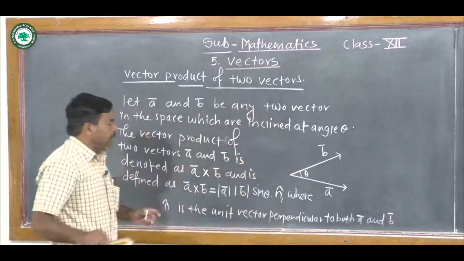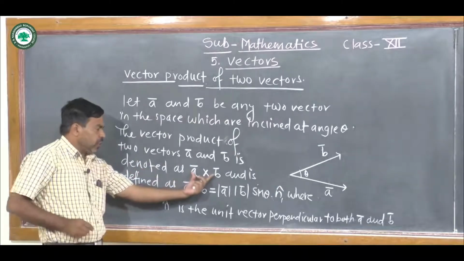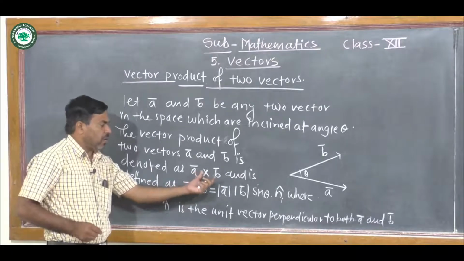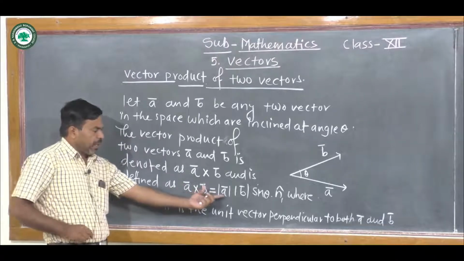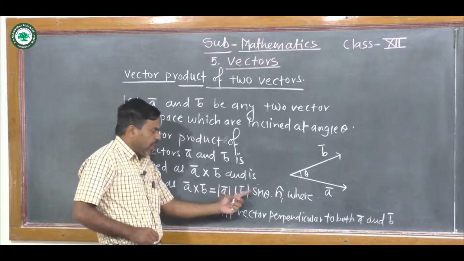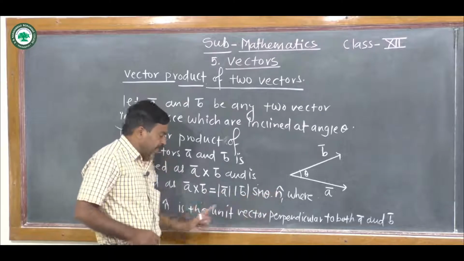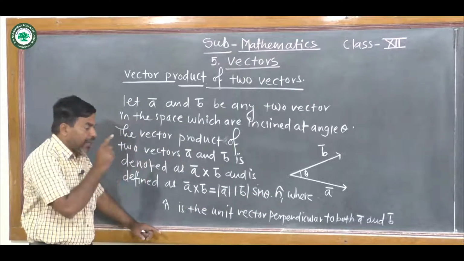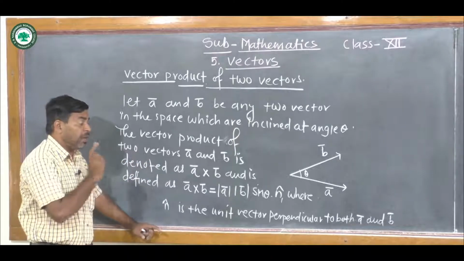See, the vector product of two vectors A bar and B bar is denoted as A bar cross B bar, and we read it as A bar cross B bar. And it is defined as A bar cross B bar is equal to magnitude of vector A into magnitude of vector B into sine of angle between them into n cap, where this n cap is the unit vector perpendicular to both A bar and B bar, or n cap is the unit vector perpendicular to the plane of A bar and B bar.